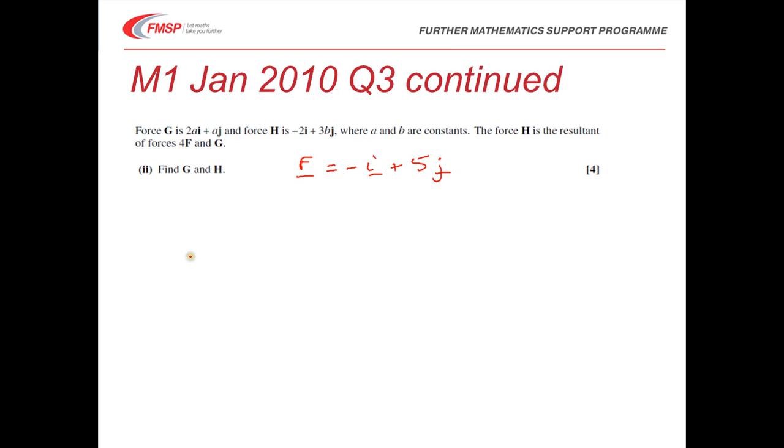So it tells us that the resultant force H is the resultant of 4F and G. Now the resultant force is when you add them together, so it's saying that H is basically 4F plus G. Now you can either write these vertically or horizontally, it's up to you. So H is minus 2i plus 3bj, and then we have 4F plus G.